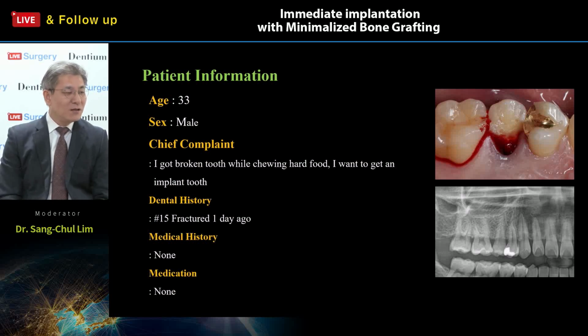His chief complaint was, "I broke my tooth while chewing hard food. I want to get an implant, a brand new tooth." His dental history is that number 15 tooth fractured one day before. Non-specific medical history and also no medication.